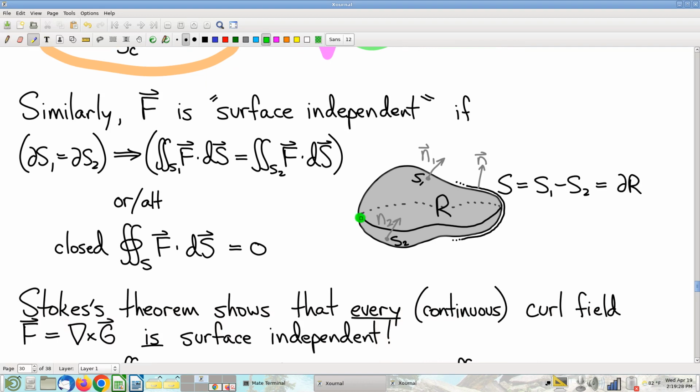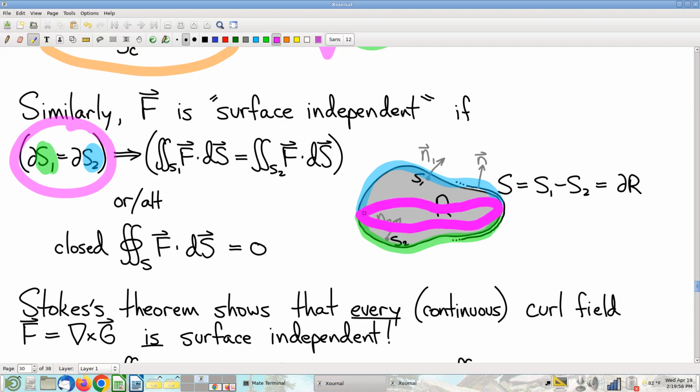Suppose you have a surface, S1, and another surface, S2, that have the same boundary. Now, keep in mind, S1 and S2 are surfaces. The boundary of a surface is a curve. So when I say S1 and S2 have the same boundary, I mean they have the same boundary curve here. Like that.